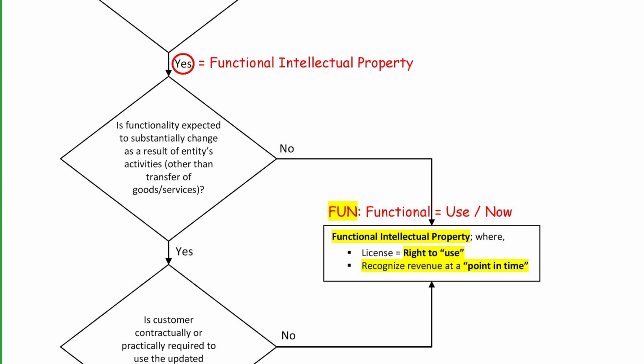However, note that for functional intellectual property, need to check out a couple of exception criteria. So right there, check exception criteria number 1. And that criteria is: is the functionality of the functional intellectual property expected to substantially change as a result of the entity's activities other than the transfer of goods or services? If yes, then check exception criteria number 2.